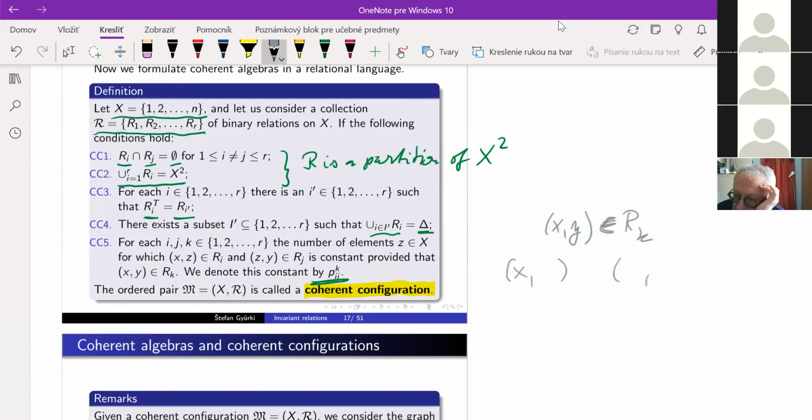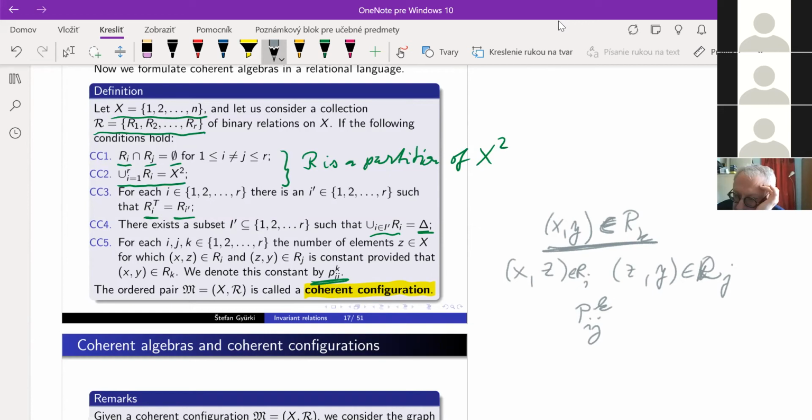then the number of Z's such that the pair XZ is from Ri and ZY is from Rj is constant, which is not depending on the concrete choice of the pair from the relation Rk.